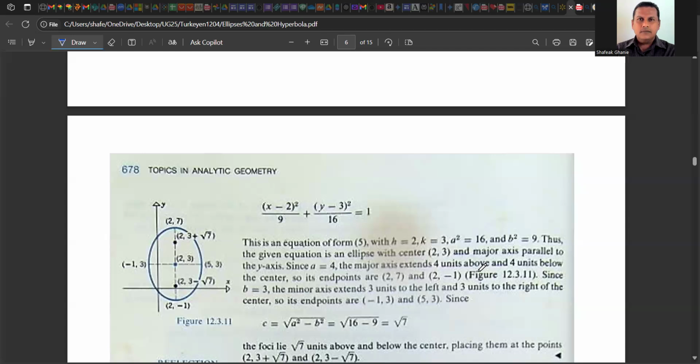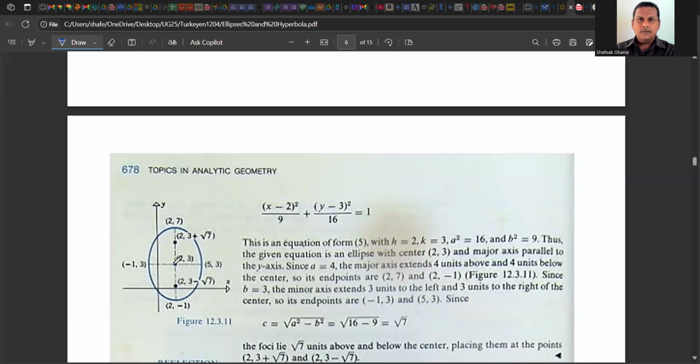So all you have to do now is, you know the center. Plus 4, you get this vertex here. Minus 4, you get this other vertex here, right? Then you take the 9 and square root it, 3.